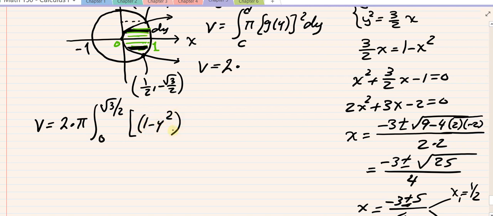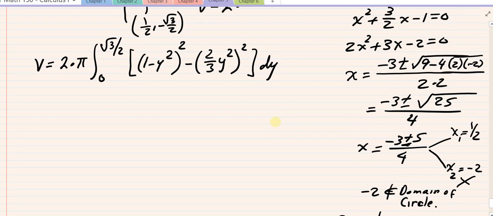It's the circle. To the left is the parabola, which is 2/3 y squared. Then we're going to square each of those, right? That squared, and this one squared, and then dy.